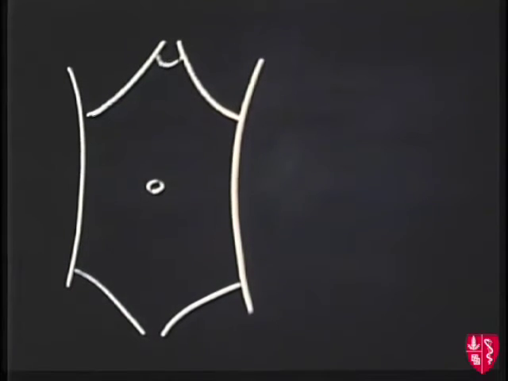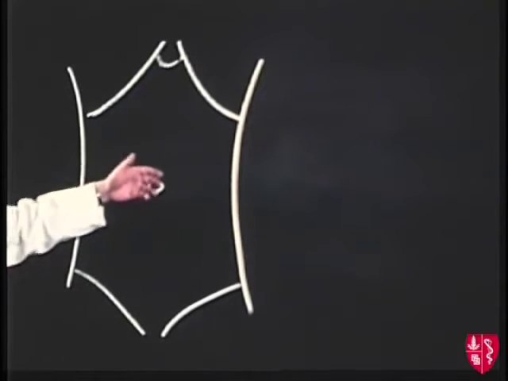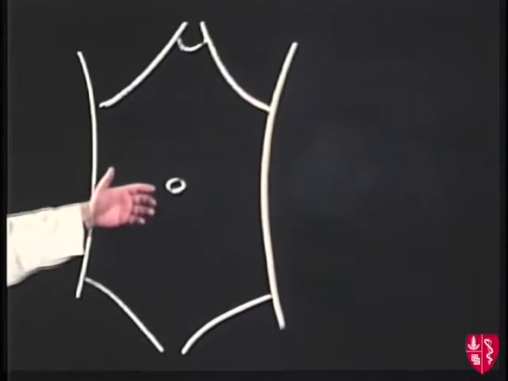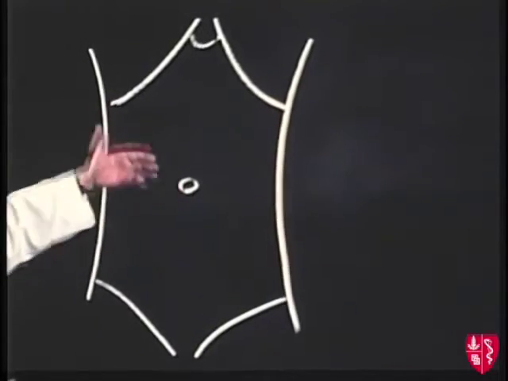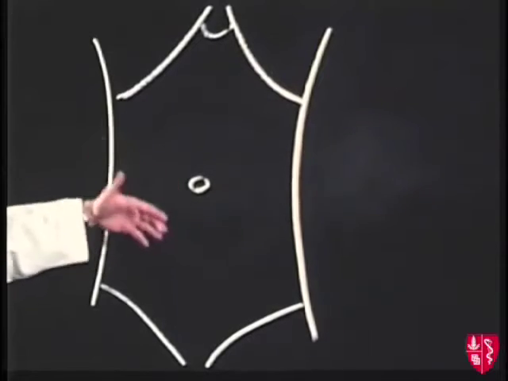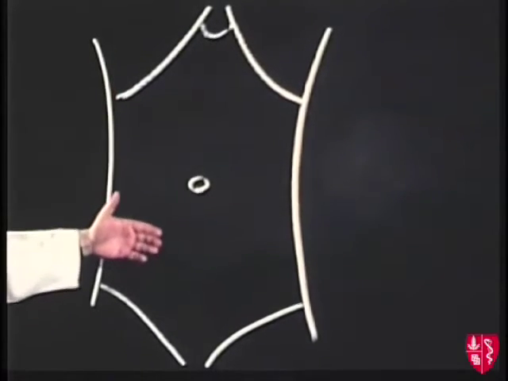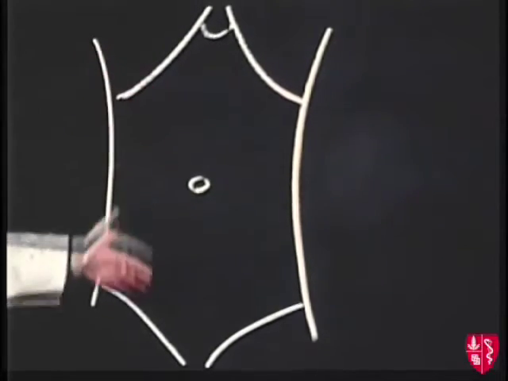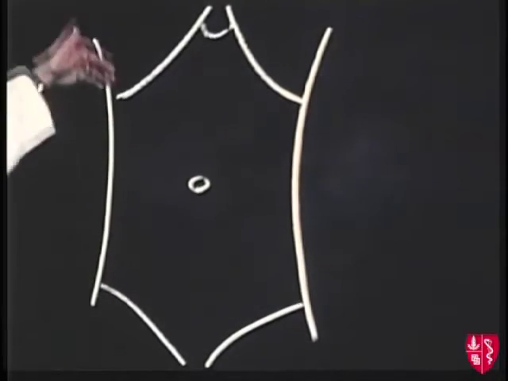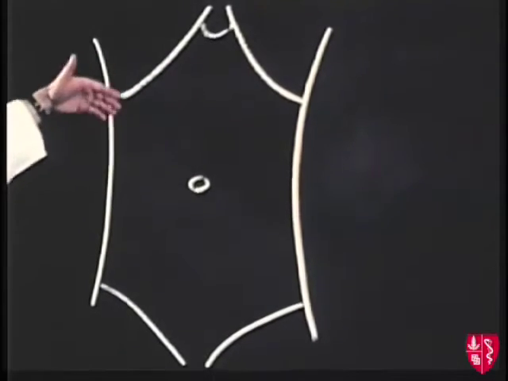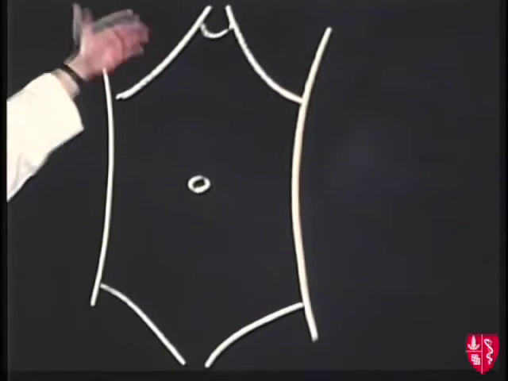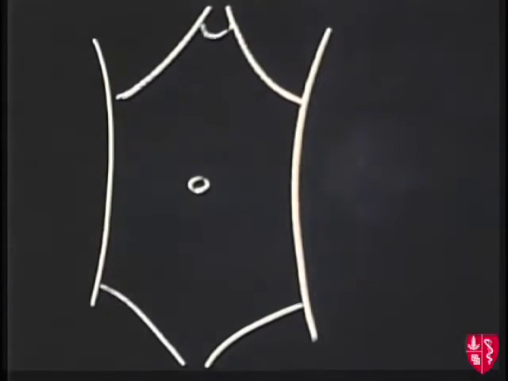Now, we must remember that the structure of the anterior abdominal wall is rather like a meat sandwich in that the skin is the outer part of the bread, the muscle of the anterior abdominal wall is the meat, and lining the abdominal wall is the inner bread or the peritoneum. And supplying the whole sandwich are the intercostal muscles and intercostal nerves as they come round and leave the thoracic wall and come into the abdominal wall.